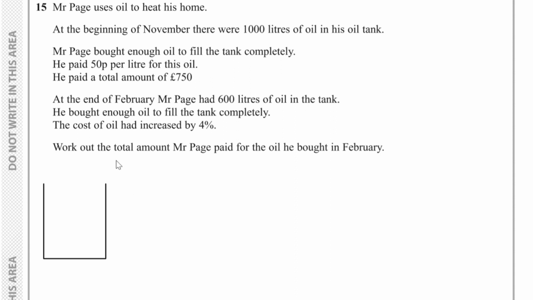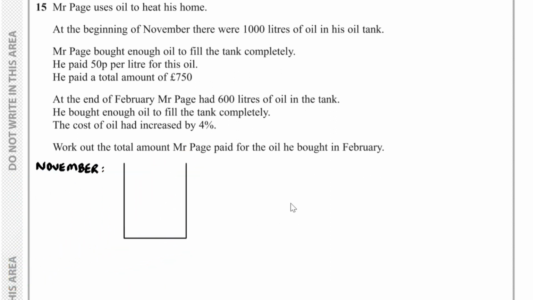Now here is the oil tank, and this is the situation in November. We've got this oil tank, and let's just move this oil tank over here. And so far, we've only got 1000 litres in this oil tank at the start of November.